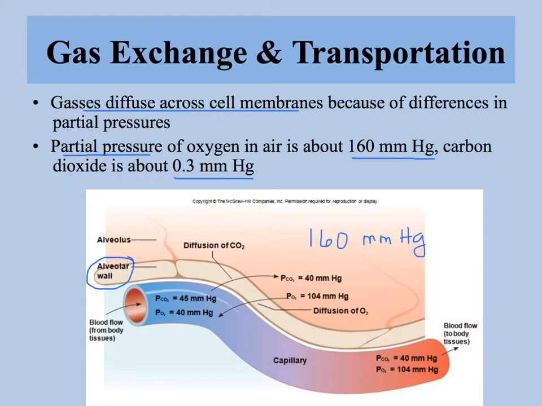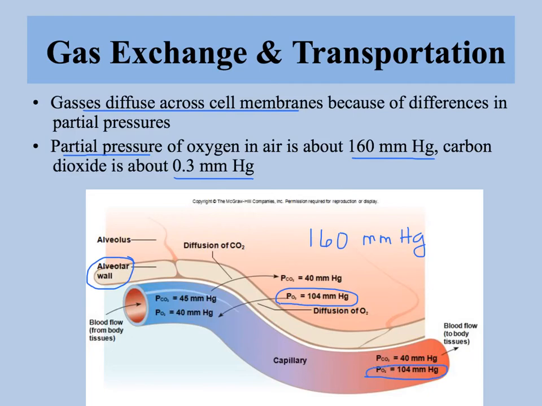And so oxygen will move in, to a level of about 104 millimeters of mercury taken up by the blood, so that your alveolar blood, the partial pressure of oxygen, that's what this PO2 means, is about 104 millimeters.